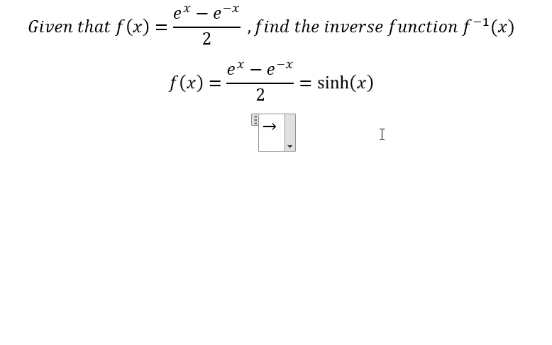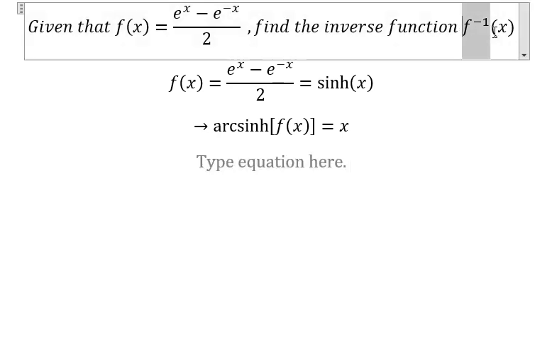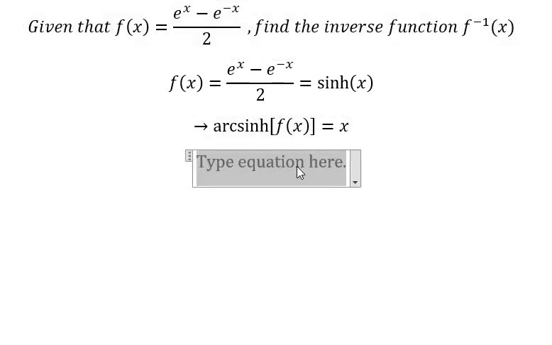That should be arcsin of f of s equals s. Now the inverse function of this one should be arcsin of s. That means we need to change f of s into s, and this is the final answer.